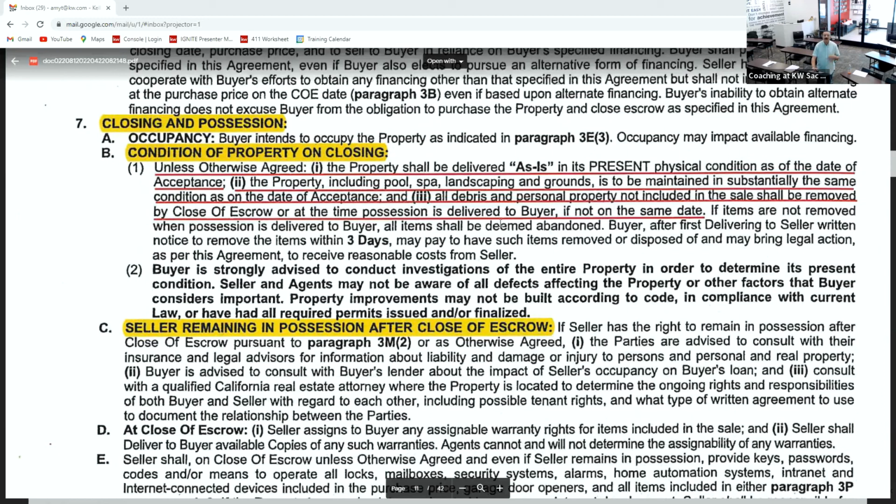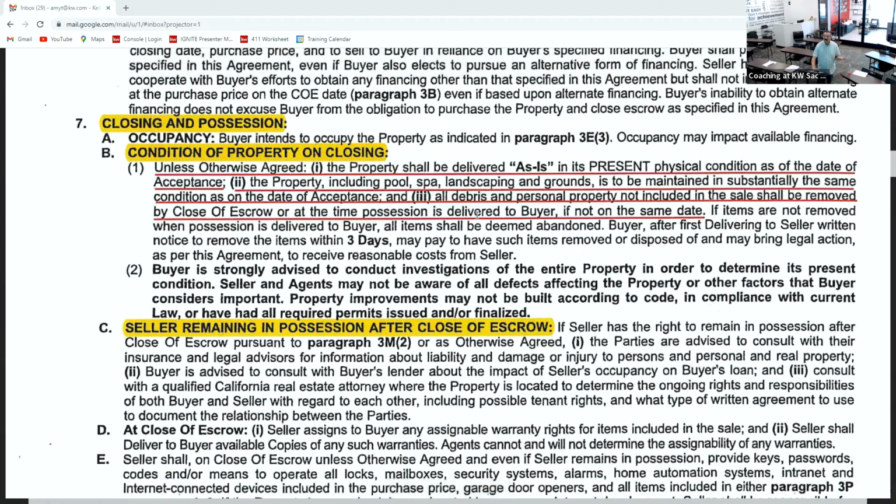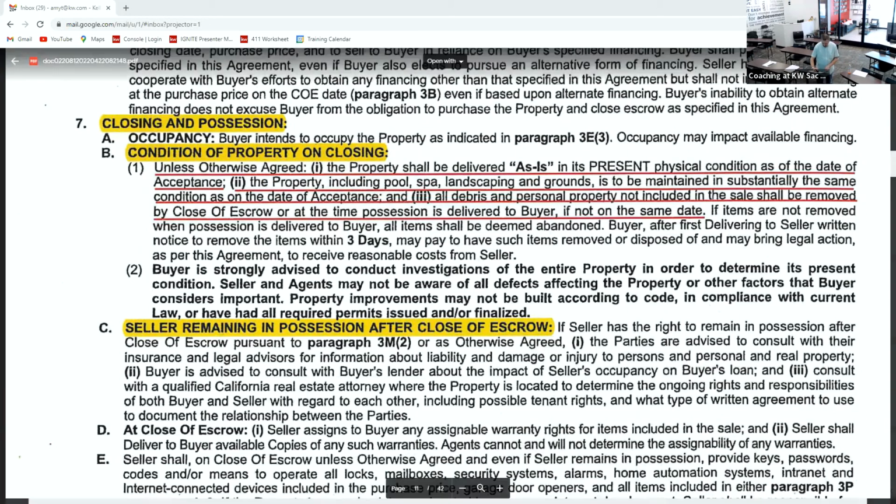The house doesn't have to be spotless, but it has to be at least broom swept, and they have to remove their garbage. The thing to understand here is if the seller has not cleaned it or removed all the debris, that does not give you a reason to not close legally. Buyer would still have to close even if there's debris still left in the house.